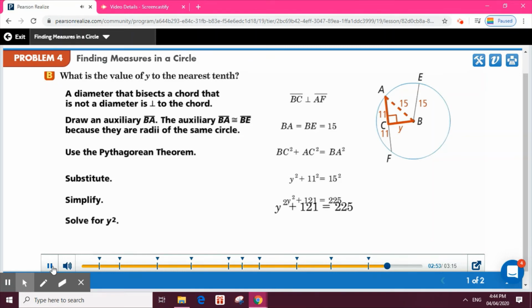Subtract 121 from each side to solve for y squared. Find the positive square root of each side to solve for y. So y is approximately 10.2.